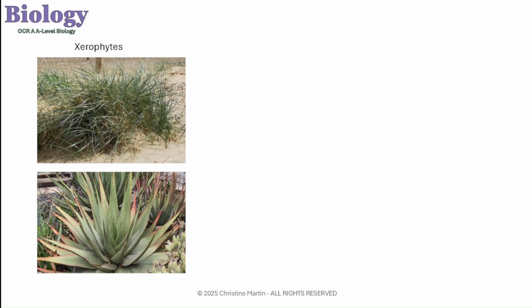The stomatal adaptation is there is a reduced density of stomata. The stomata can be sunken. Now that's going to reduce the air movement and create a humid environment close to the stomata. They can also have hairs surrounding the stomata, again trapping a layer of air, making the concentration gradient less.